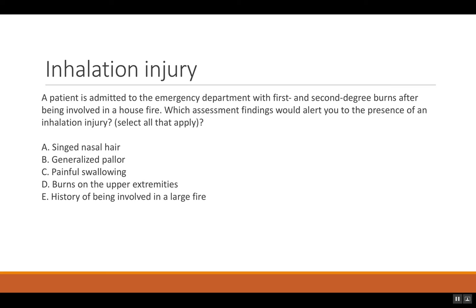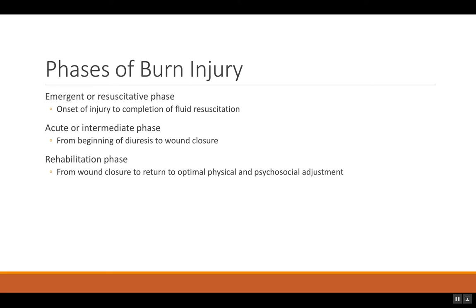So reliable clues to the occurrence of inhalation injury are the presence of facial burns, singed nasal hair, hoarseness of their voice, painful swallowing, darkened oral or nasal membranes, blackened sputum, history of being burned in an enclosed space, or altered mental status, and sometimes they'll have a cherry red skin color, which is their oxygenation issues usually.